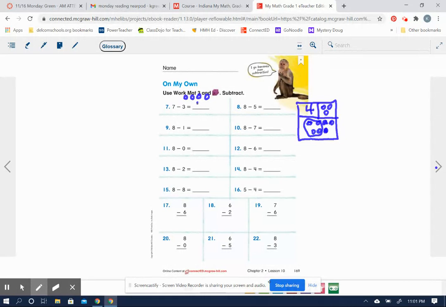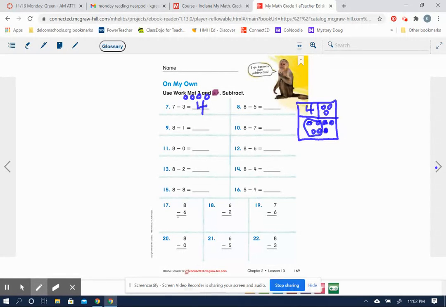How many is that? You got it, 4. Okay, so I want you to go ahead and do all these subtraction problems. These go across and these go vertical. You write the answer to your subtraction problem right down here because this line here means equal.